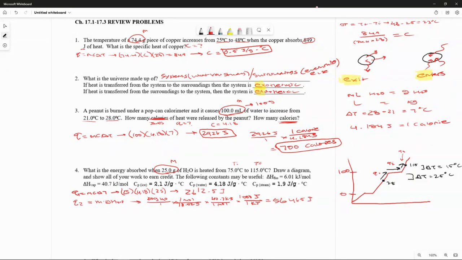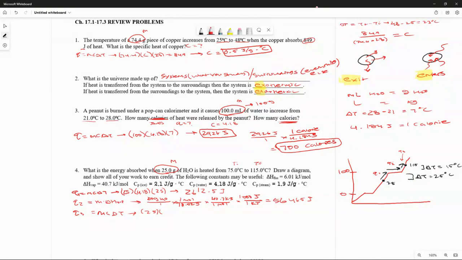Okay. Now we got to calculate the third and last Q3 value. So we have Q3 equals, this one has a temperature change, so we're going to use mc delta T. Mass of water is 25. C, this time we got to look at the C value, it's different. So this is now a gas, so we only use the C for gas right here.